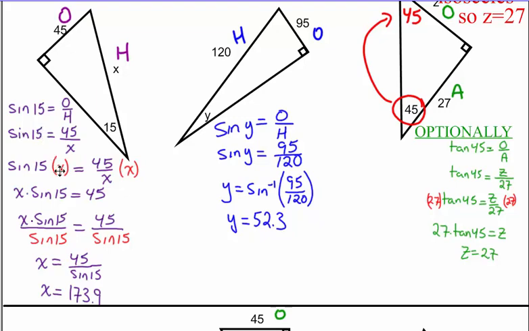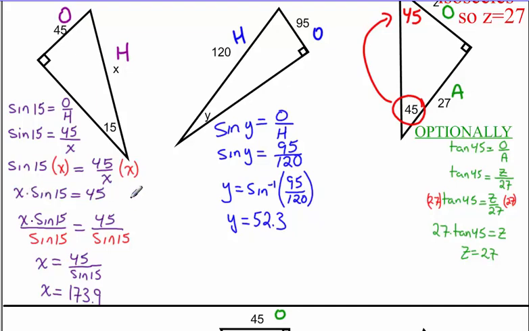So I have sine 15 times x, 45 divided by x times x, and of course what happens is when I divide by x and then multiply by x, these two things just divide each other out. This is essentially 45 times x divided by x. This is a 1. And now I have x times sine 15 on the one side equals 45.